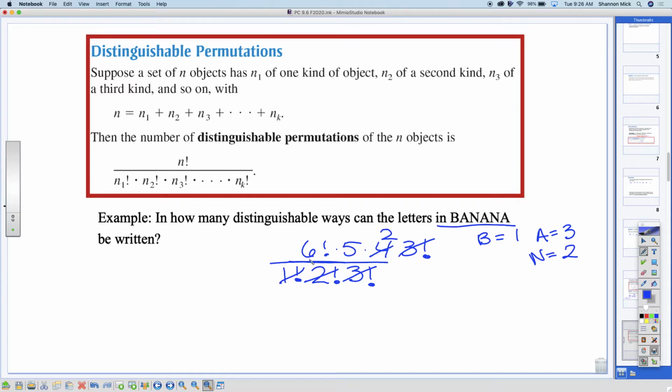So then I have 30 times 2, which is 60. I can write them 60 distinguishable ways, okay? But if they weren't distinguishable, it would be 6 factorial, which is 720. See the difference between that?